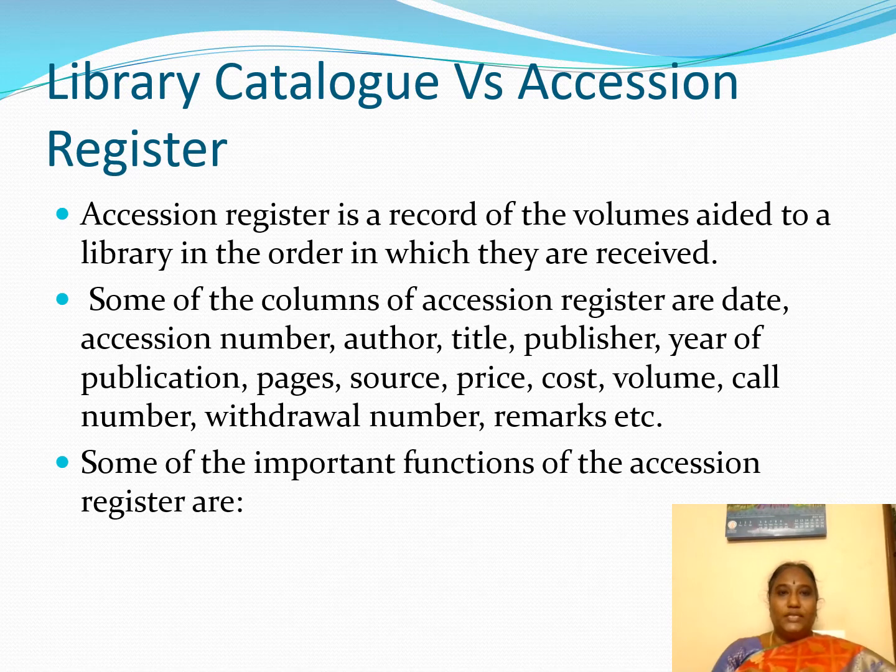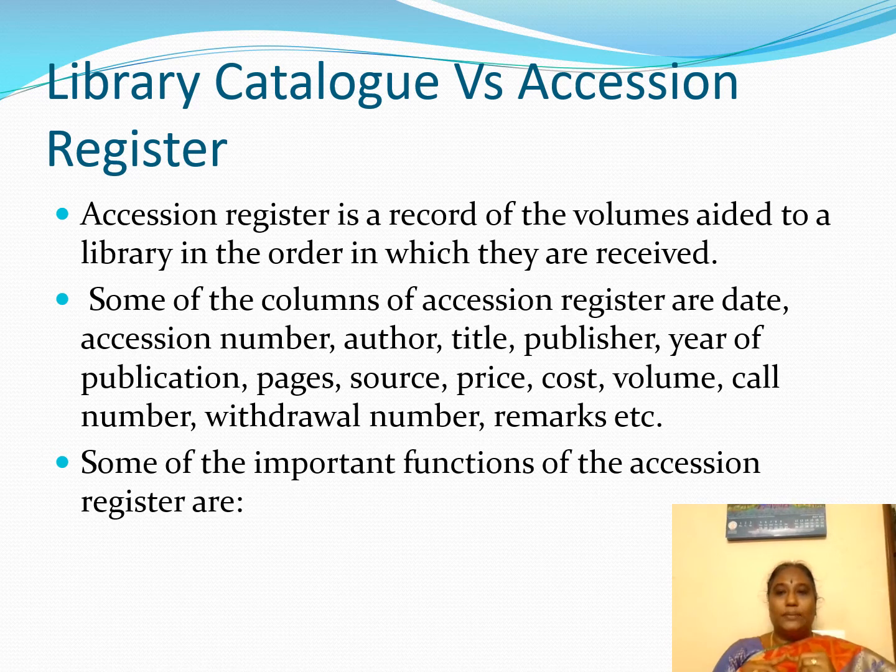So in this slide, library catalog versus accession register. What is an accession register and what are its functions? Let us discuss. Accession register is a record of the volumes added to a library in the order in which they are received.